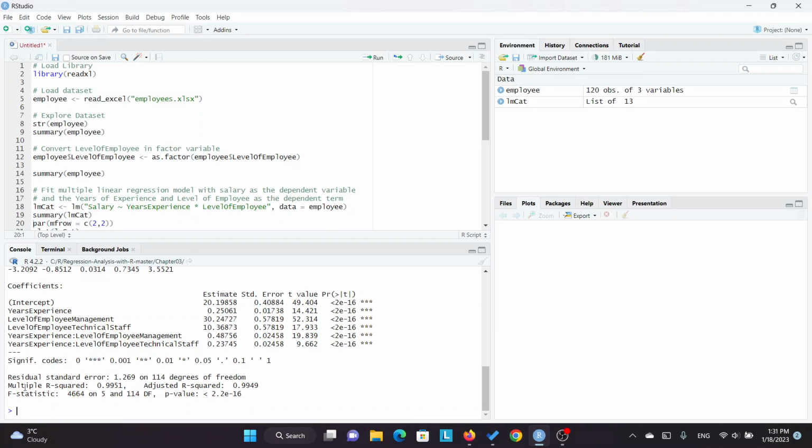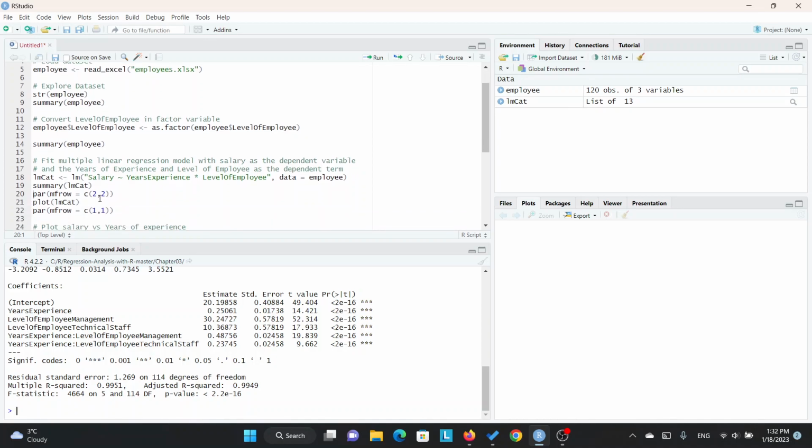Now, if you look at the multiple R-squared, it says 0.9951, which is very good. That means 99.5% of the variance in salary is explained by the years of experience and level of employee. So that's a very good fit to our data set.